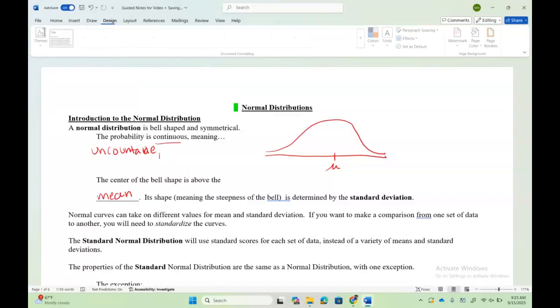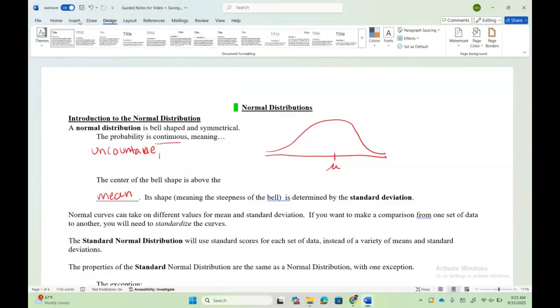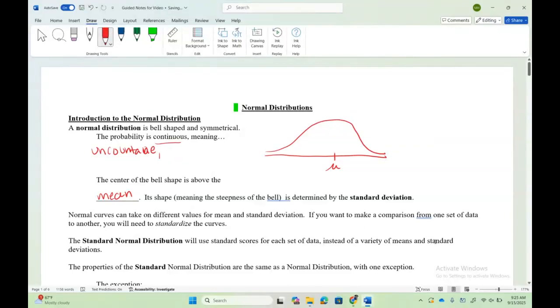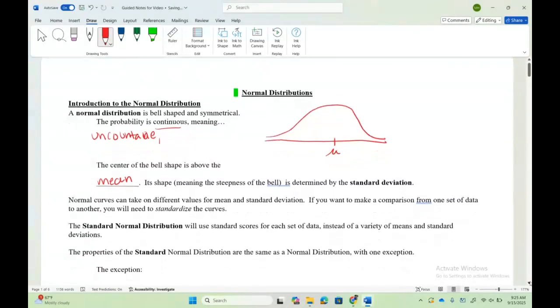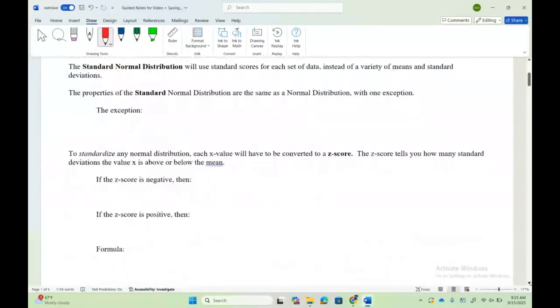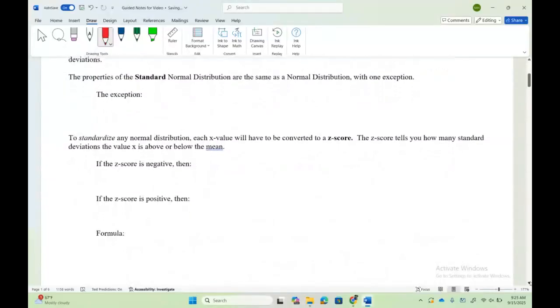Okay, so normal curves can take on different values for the mean and standard deviation, but if we want to compare sets of data, then we need to standardize that bell curve. So we're going to look at a standard normal distribution. It's the same thing we're used to.